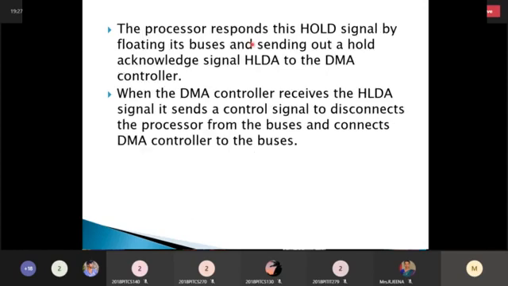The processor responds to this hold signal by floating its buses and sending out the hold acknowledgement signal, represented as HLDA, to the DMA controller. When the DMA controller receives this HLDA signal, it sends the control signal to disconnect the processor from the bus and connects the DMA controller to the bus.